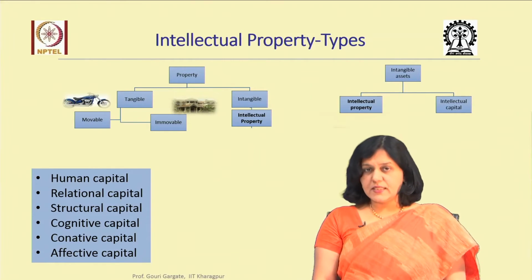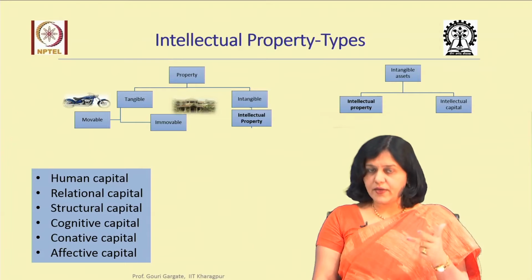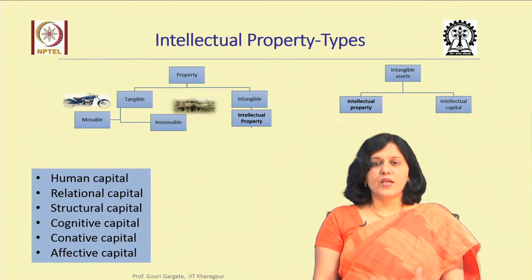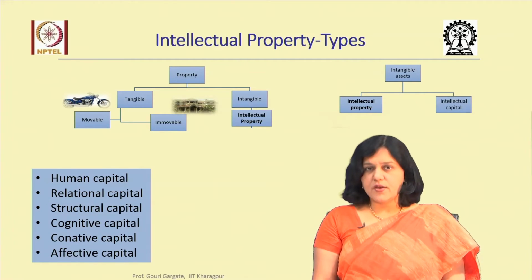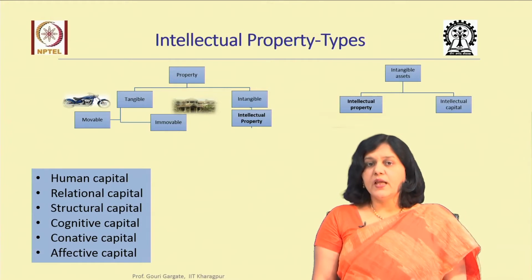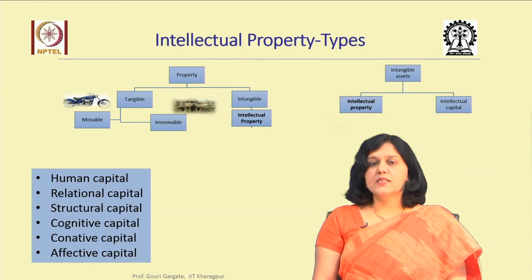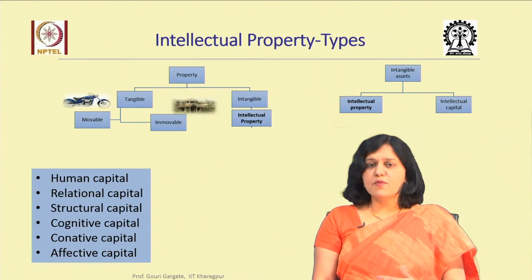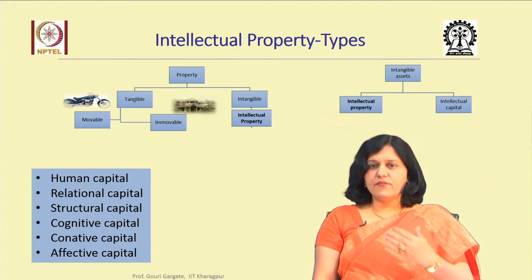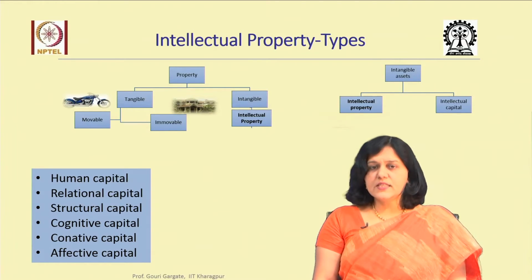To understand these last 3 capitals, that is cognitive, conative and affective, we will take an example. Say Volkswagen, you have seen advertisement or commercial of Volkswagen, right? In this, you might have seen a scientist feeling nostalgic when the car moves out of the factory. So, this is affective capital, a feeling for the creation.